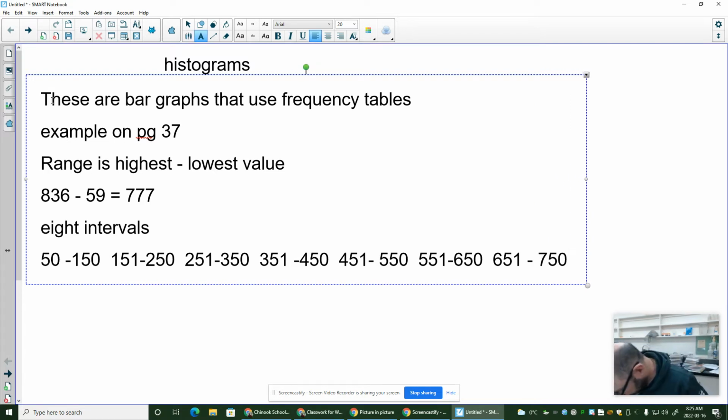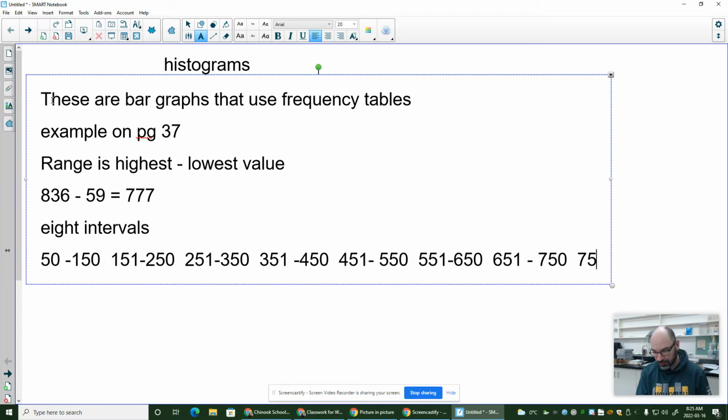Okay, and then the very last one is 750 to 850, which they have there for you. 751. Now they say 750, but I say 751 because I always go one up. So it's not the same interval. You don't want 750 and 750 in two intervals, and 850.